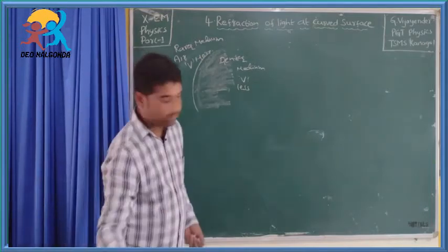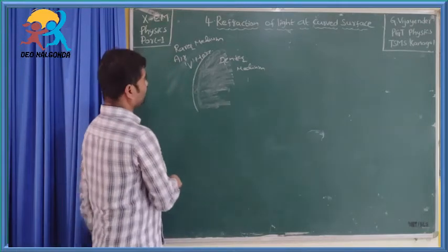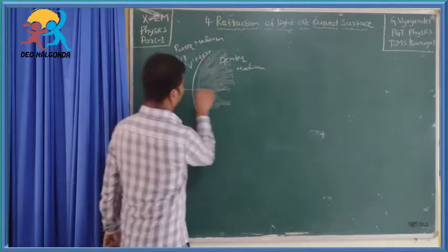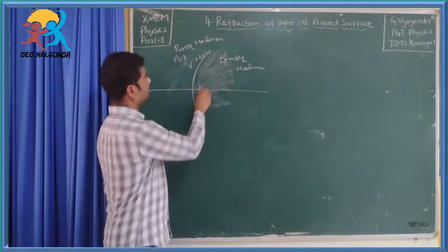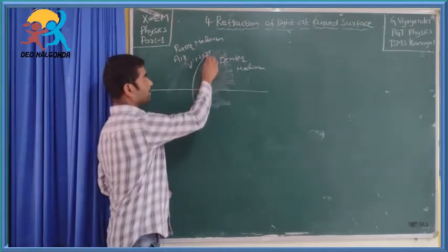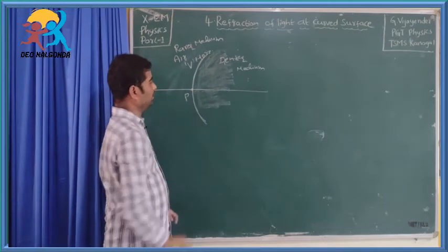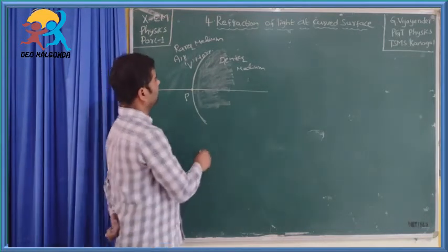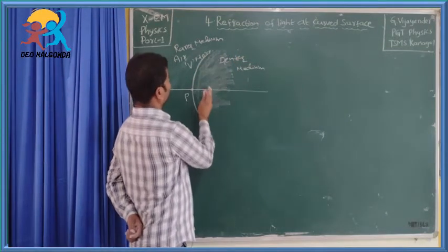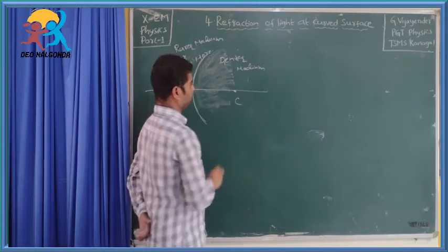When the light ray is traveling from one medium to another medium, how is it behaving? Take this light ray. This spherical surface is the part of the sphere. This geometrical midpoint is called pole or optic center, and the center of the sphere of which this spherical surface is a part is called center of curvature.